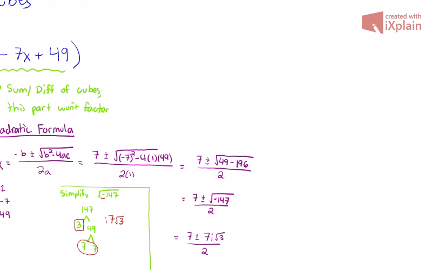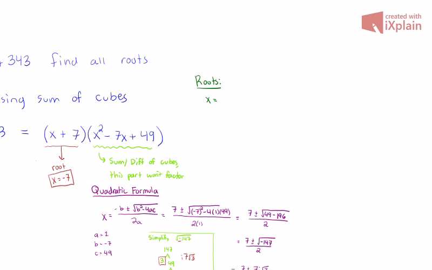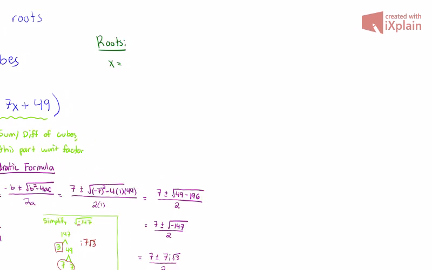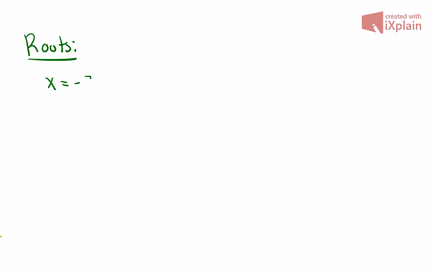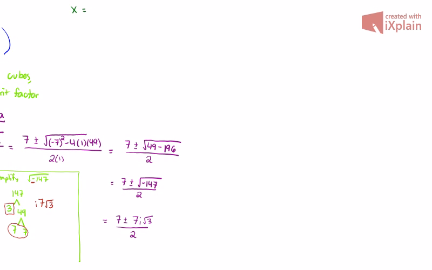Let's put all of our roots together in one place. And we have x equals, from our factoring, we found x equals -7. From our quadratic formula down here, we had 7 plus or minus 7i root 3 over 2.